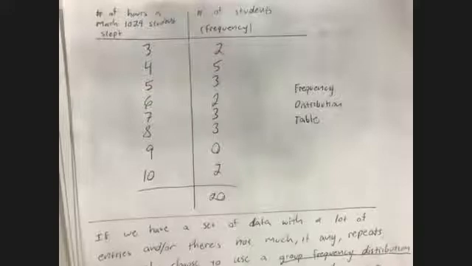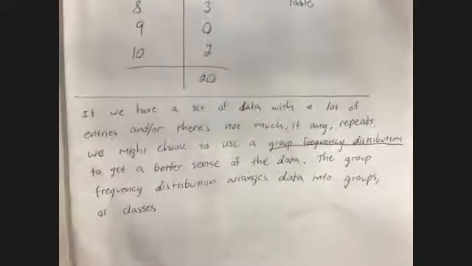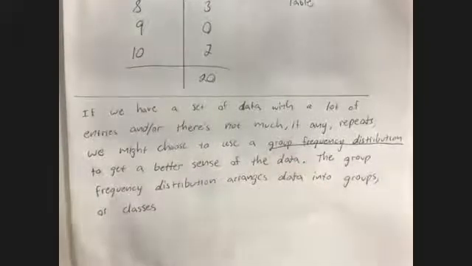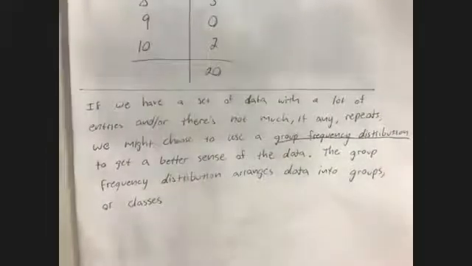So you'd have this wide range of entries, most likely none or very few that repeat. So if that's the case, then we might do something called a group frequency distribution, where we might lump some of these together.